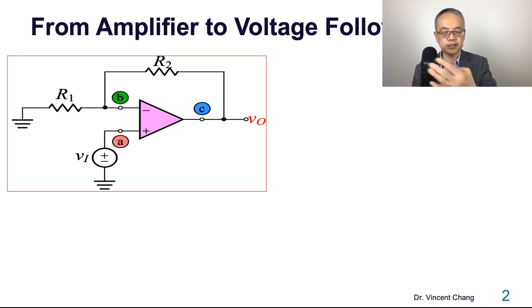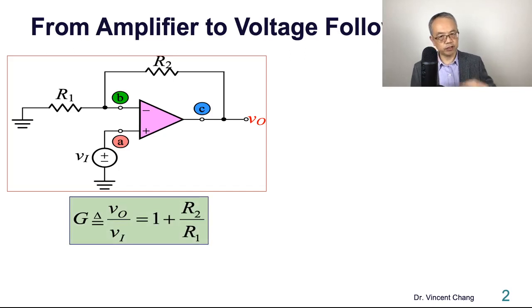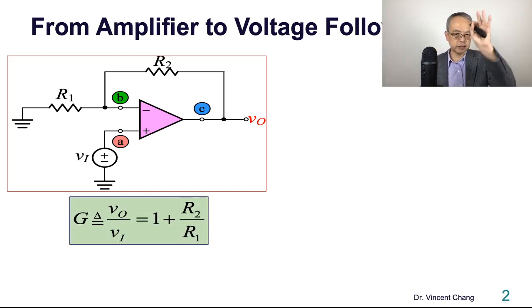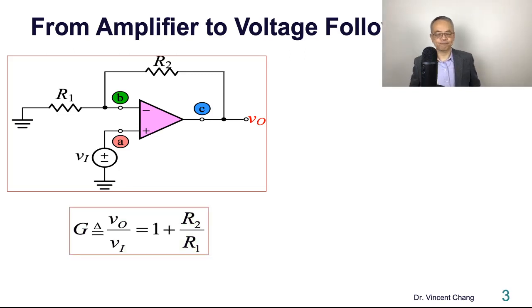So look at the left-hand side of the slide. It's the non-inverting amplifier, the closed loop gain G, which is defined as VO over VI, is equal to 1 plus the ratio of the two resistors, R2 over R1.